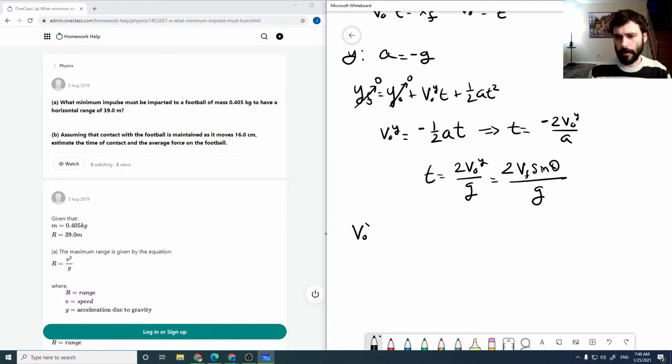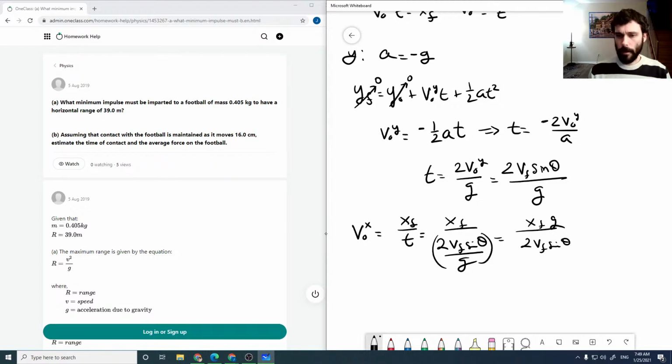So our V naught X is our XF over T. So it's XF over 2 VF sine theta over G, which is XF G over 2 VF sine theta. Now our V naught X is VF cos theta, and so that equals XF G over 2 VF sine theta.